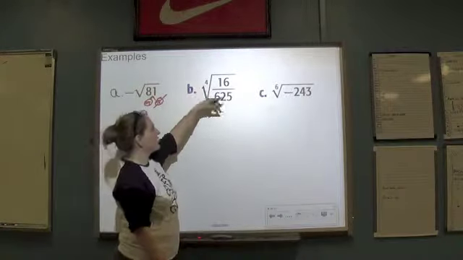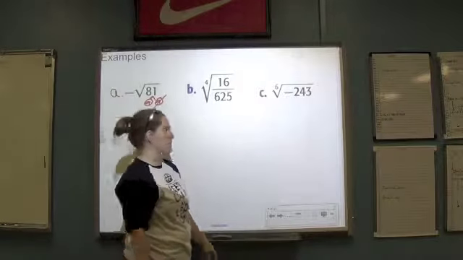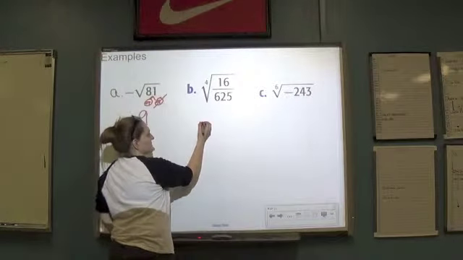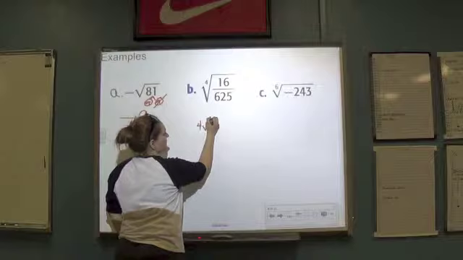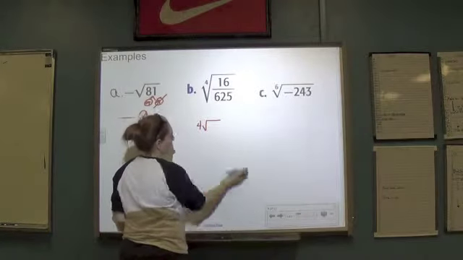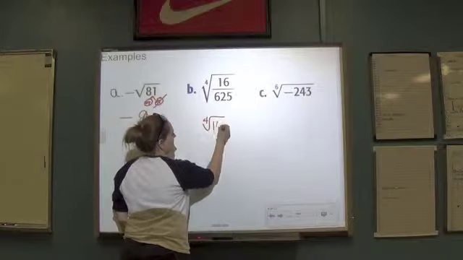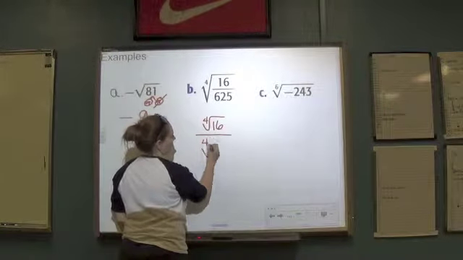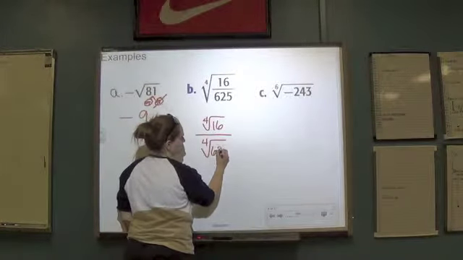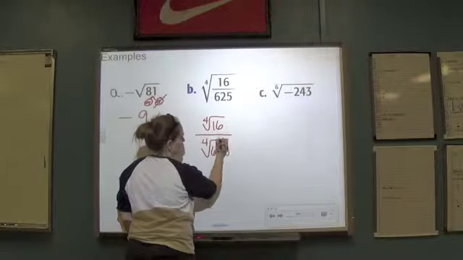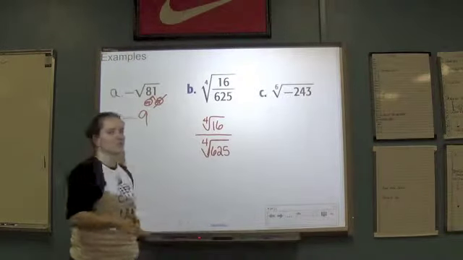Okay, we have the 4th root of 16 over 625. If you remember your rules on radicals, you have the 4th root of 16 over the 4th root of 625. Alright, so let's do the 16 first.